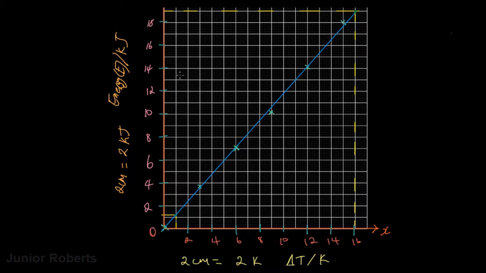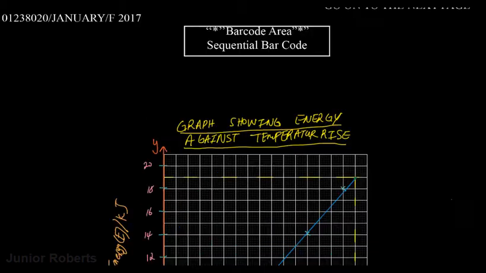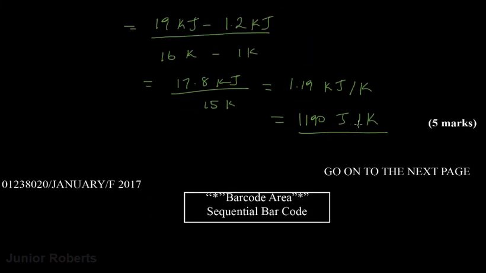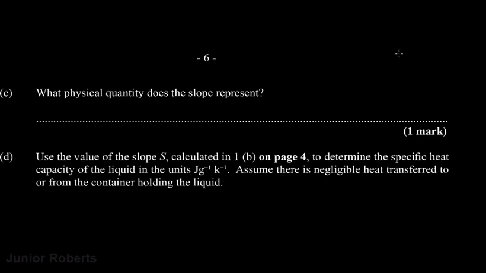And also if we look at the answer we got for our gradient, we got joule per Kelvin. And the physical quantity that we know that has the unit joule per Kelvin is heat capacity. So therefore the physical quantity that is represented by our slope is heat capacity.